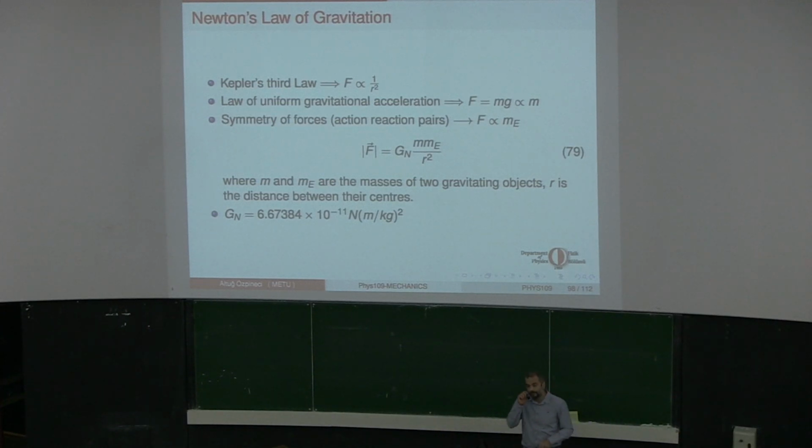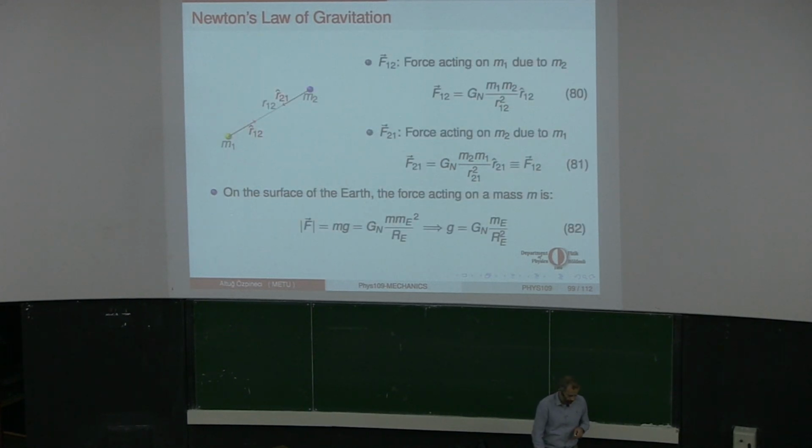Compared to the electromagnetic force, for example, it is 40 orders of magnitude weaker. If you just take 2 protons and compare their gravitational attraction to their electrostatic repulsion, the ratio is 1 followed by 40 zeros. And since force is a vector, we have to specify its direction also.